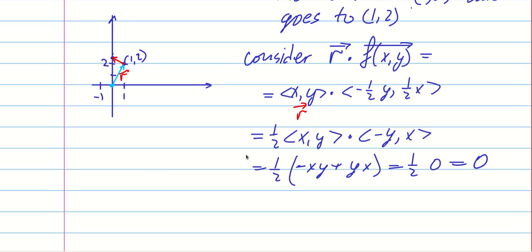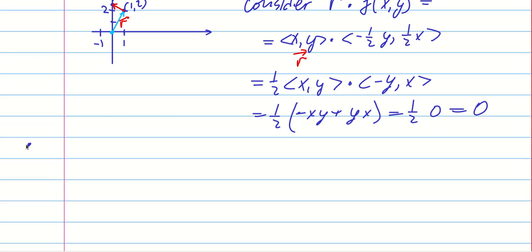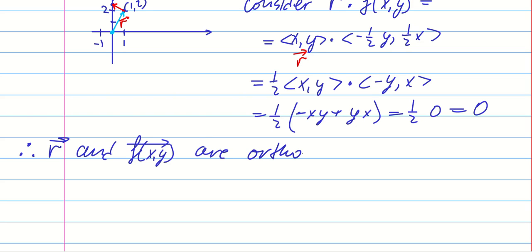So what does it mean for us? That these vectors are orthogonal, right? That's what it means. So we say therefore r and the vector field are orthogonal.